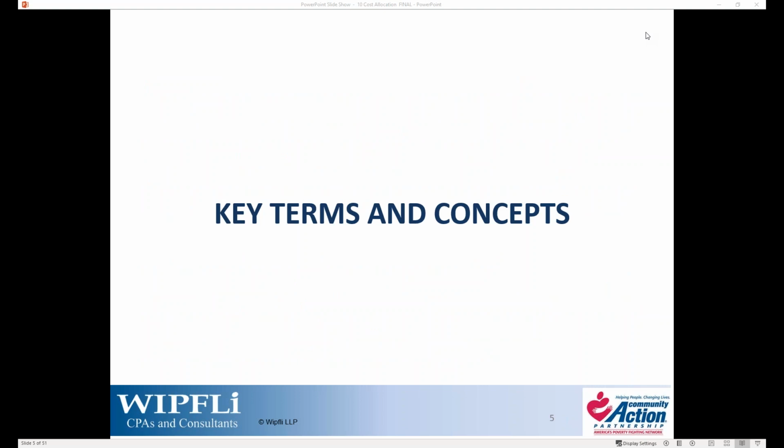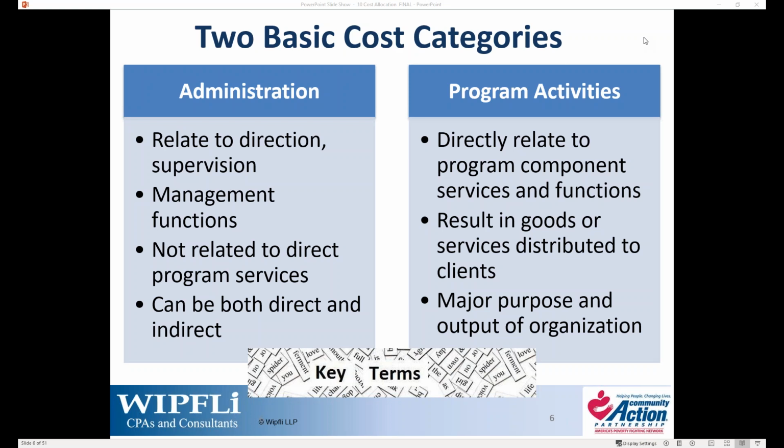Let's start with some key terms and concepts. Cost allocation is a challenge for many organizations. Coming up with an appropriate method, understanding when and how you allocate, and using appropriate methods. There are two basic categories of costs.